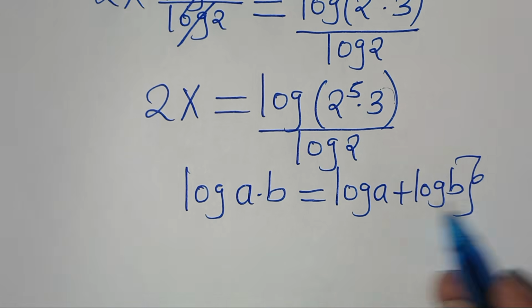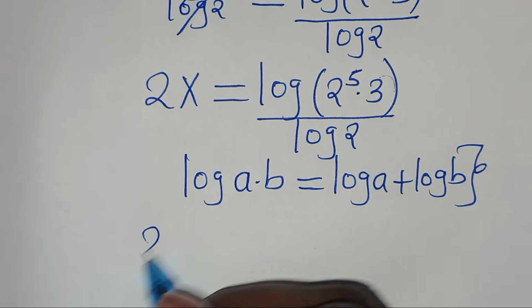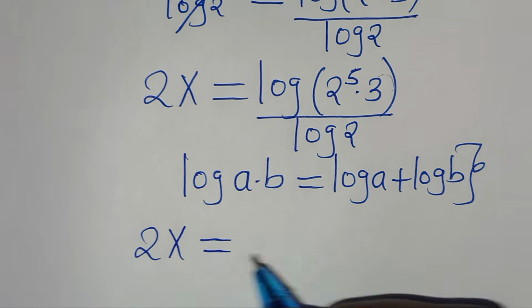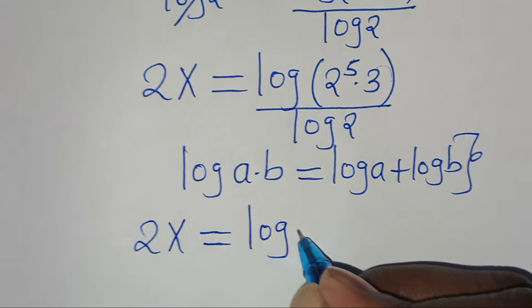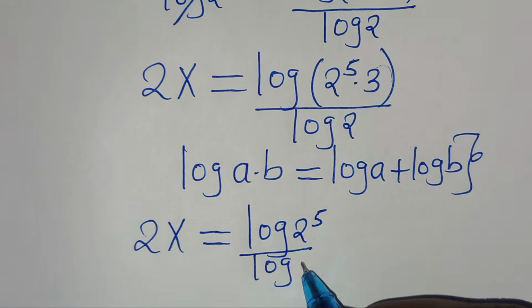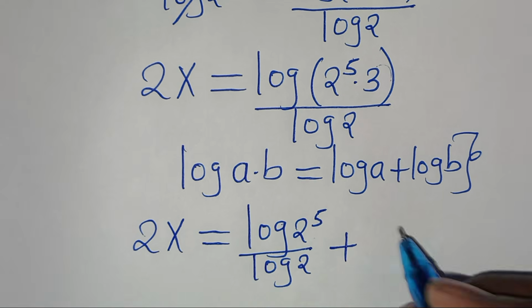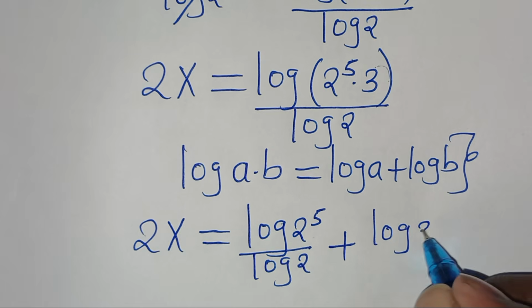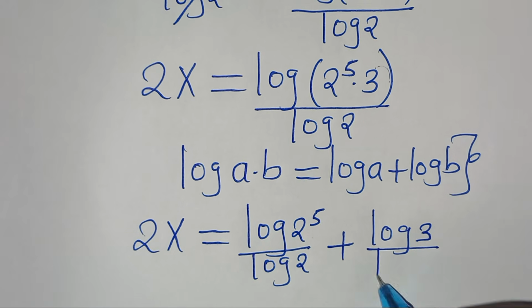Applying this logarithm property, we have 2x equal to log 2 to the power of 5 divided by log 2, plus log 3 divided by log 2.